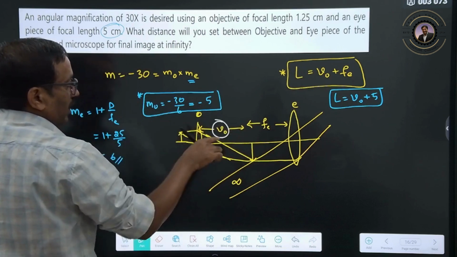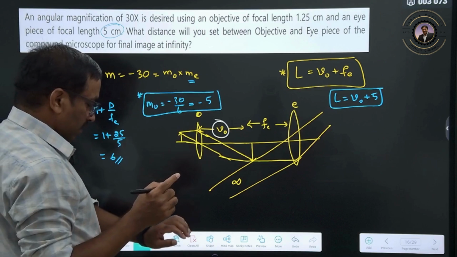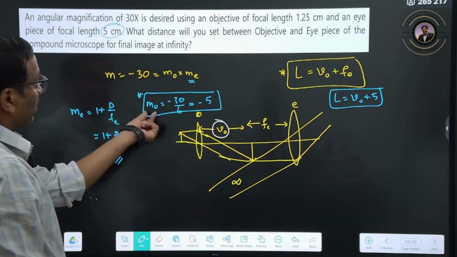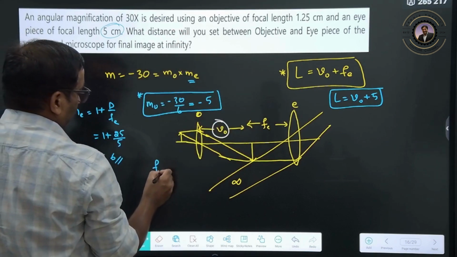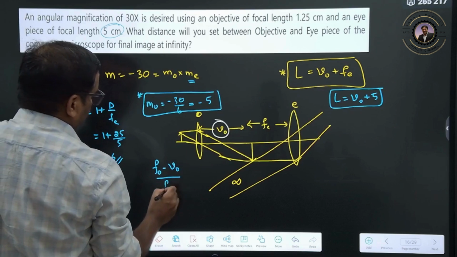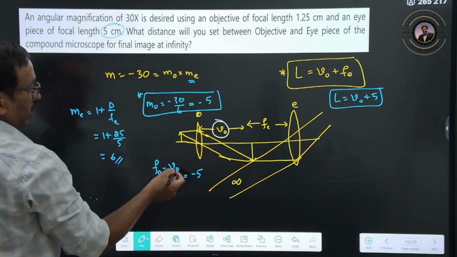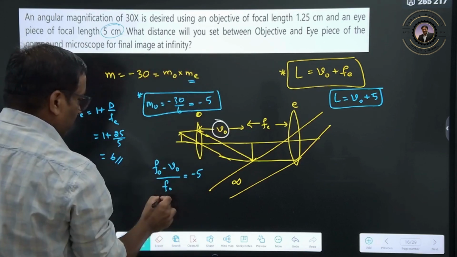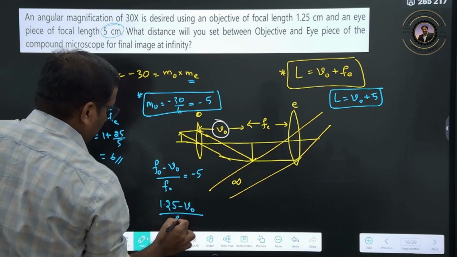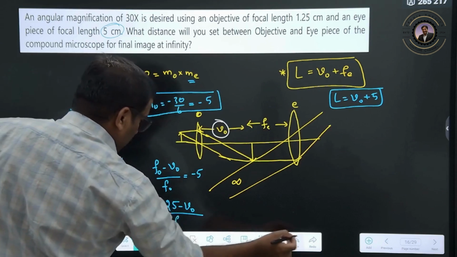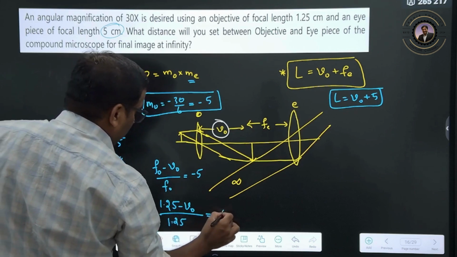Therefore, magnification in terms of VO, the lens formula I discussed already, can be written as FO minus VO by FO. So we can write it as minus 5. FO is 1.25. So 1.25 minus VO by 1.25 will be equal to minus 5.